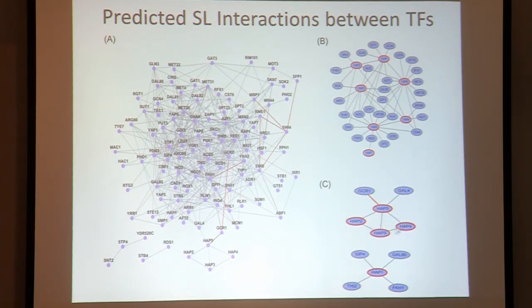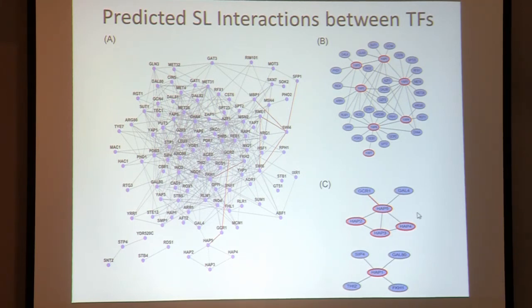But here we use this prediction method to show that there are a number of synthetic lethal interactions between the genes in this complex. So basically, this prediction is supported, in some way, by the literature.